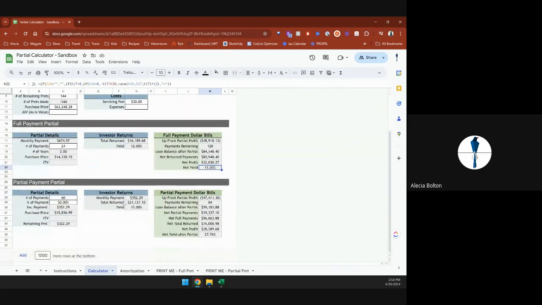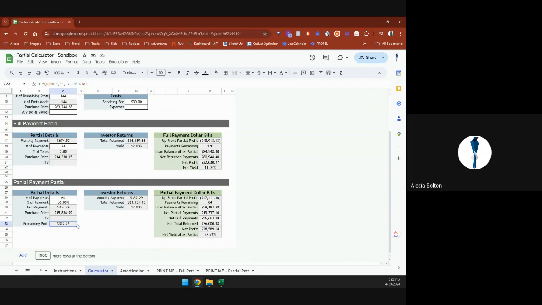And like I said earlier about the partial, your investor's partial payment in this case is $350 if you're doing a 50% split, and your monthly payment is $322 because you're taking the servicing fee out of your half of that payment. So it can still work. $322 a month is not at all a bad thing to have coming in.